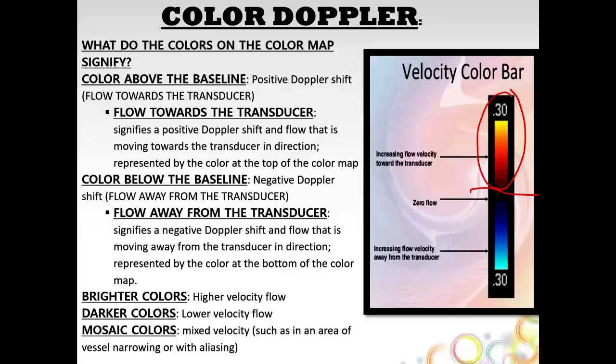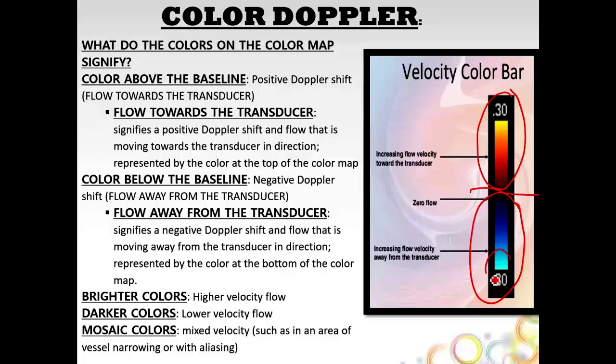Any color above the baseline is considered our area of positive Doppler shifts, or flow moving towards the transducer. Flow that's moving away from the transducer is represented by our color below the baseline. These are our negative Doppler shifts.